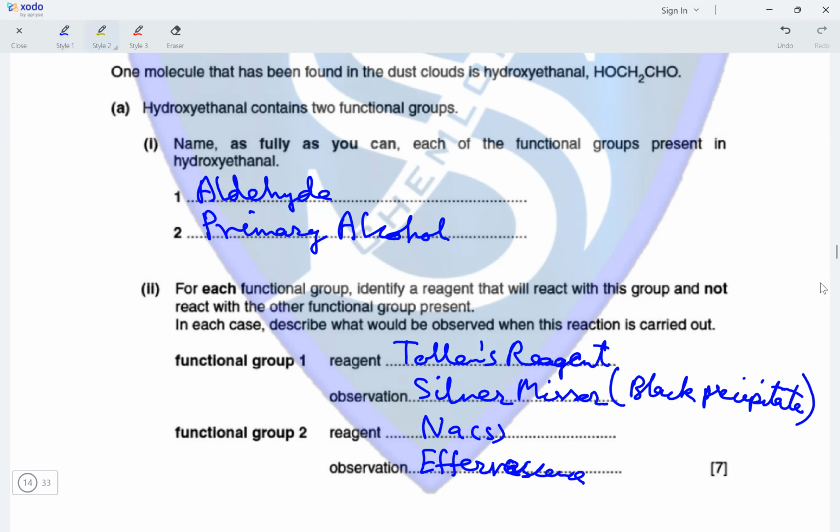We can also have for the alcohol group addition of PCl5, which would give steamy white fumes, which would be the fumes of HCl that is produced during this reaction.